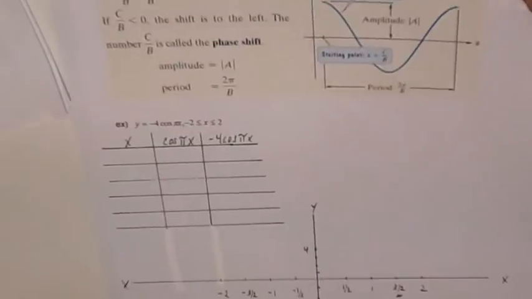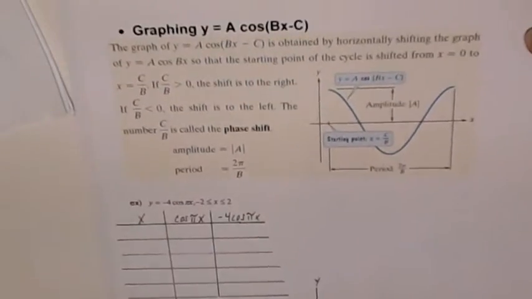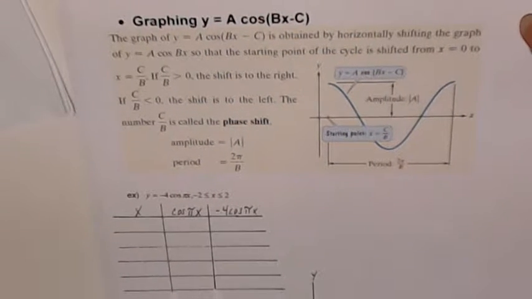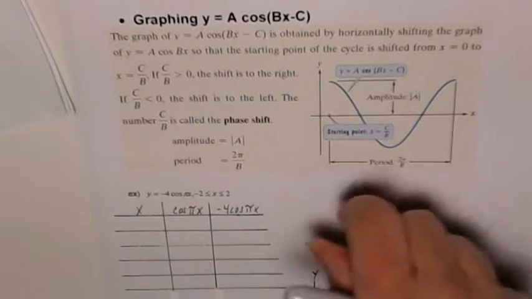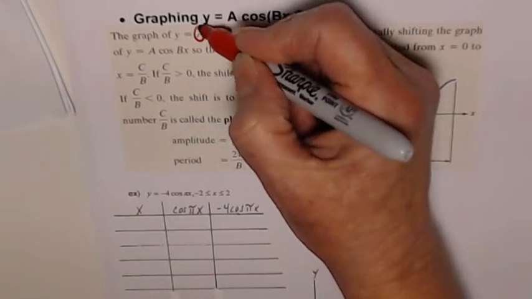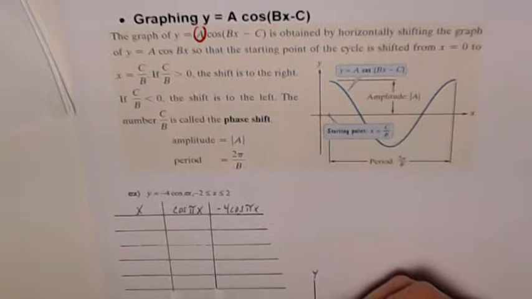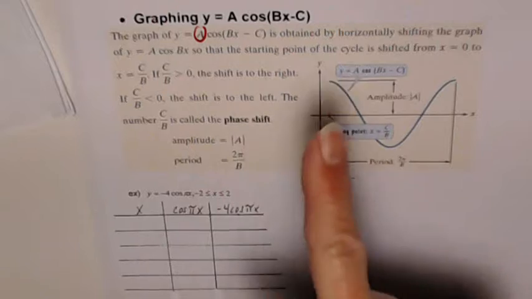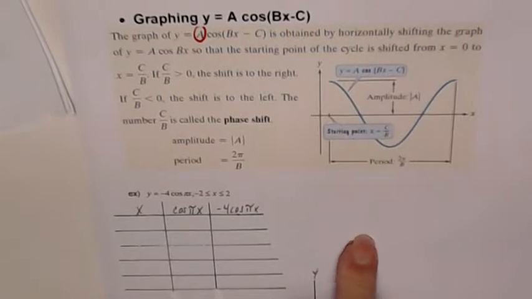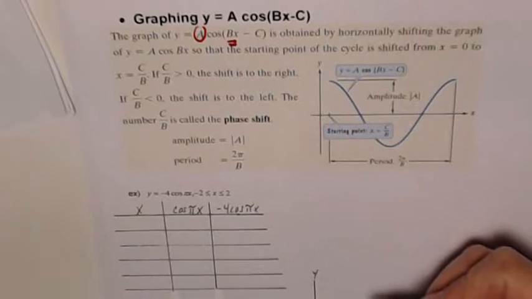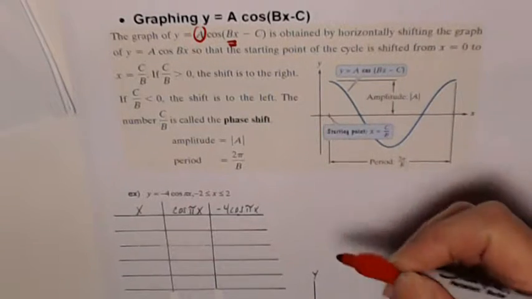So now, considering what we're going to do here to graph, it's very comparable to what we did with sine. There's going to be some key information that we're going to look for. A is going to be our amplitude. So the absolute value of A is going to define our max and then our min. This B here, we're going to use to help us decide what the period is.